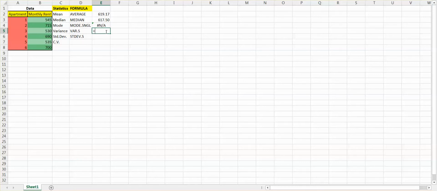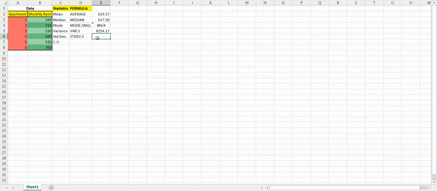So we type in the equal sign, VAR.S and the parentheses, and select B3 to B8, close the parentheses and press enter. You should get 8,254.17. This is the sample variance for this data set.